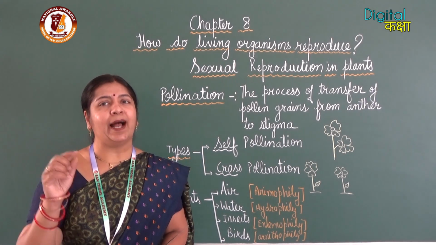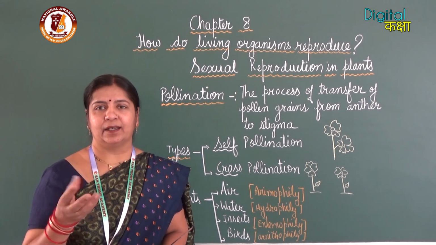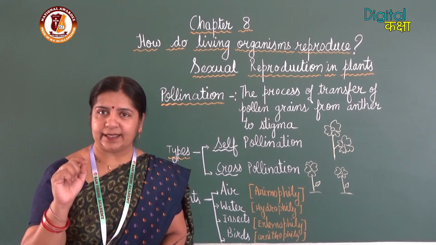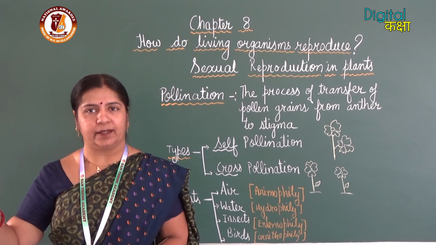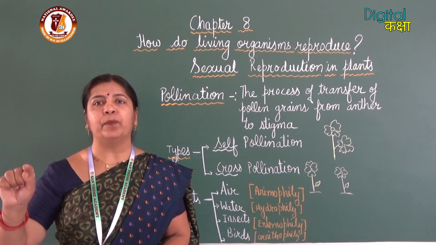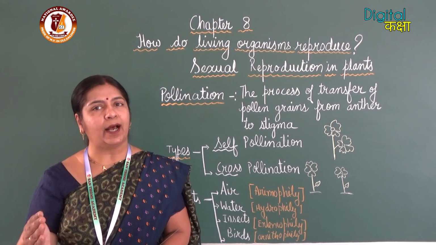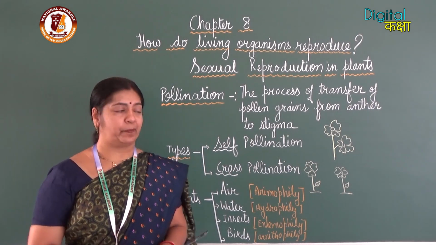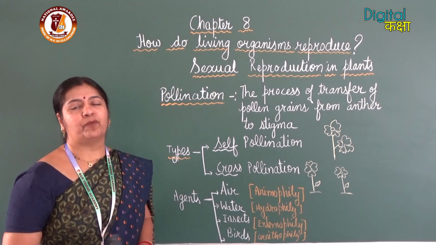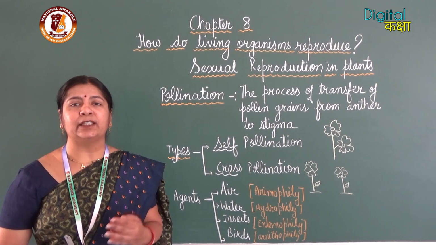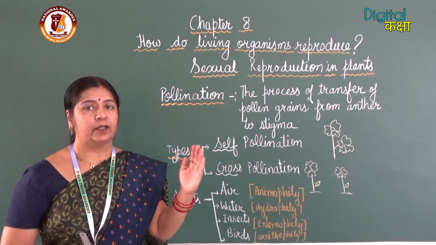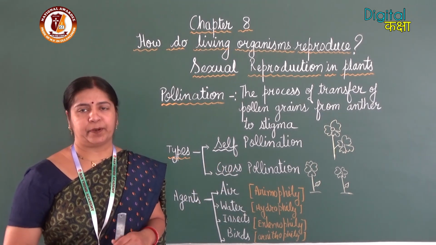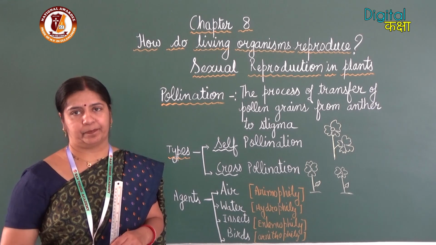When you touch the flowers, the tiny dust-like pollen sticks on our hand, and then we touch another flower and transfer pollen grains from one flower to another. So, we human beings are also helping in pollination. These are the agents which help to transfer pollen from anther to stigma, the part of the female reproductive system, the pistil.